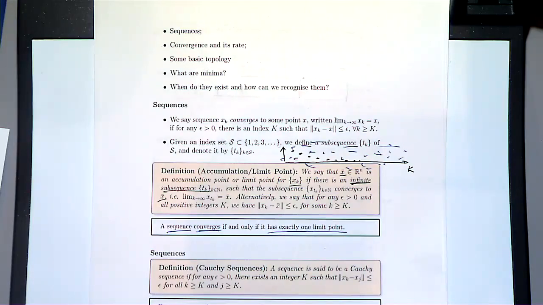It means a sequence converges if it has exactly one limit point, and if it has only one limit point, it converges. This is a pitfall for many people who are not comfortable with the ideas of necessity and sufficiency.